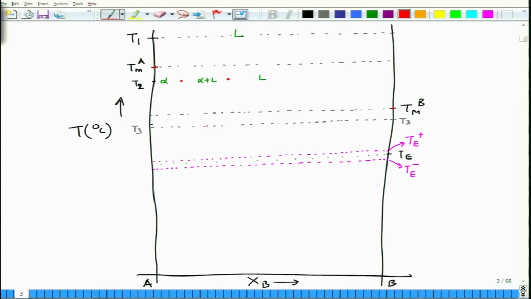So we are somewhere here in terms of the other point C. So we have alpha, followed by alpha plus liquid, followed by liquid, followed by, so this is beta, and this is liquid plus beta.